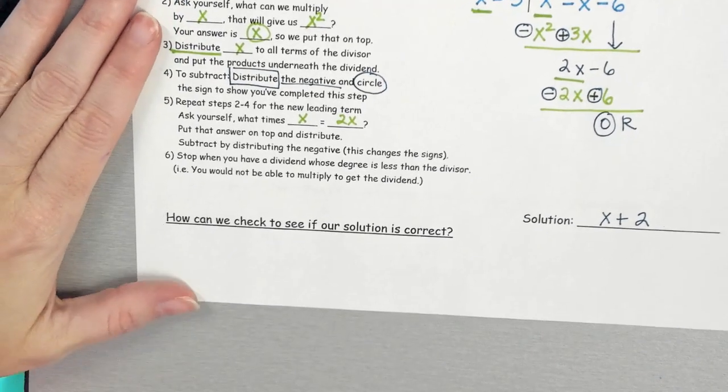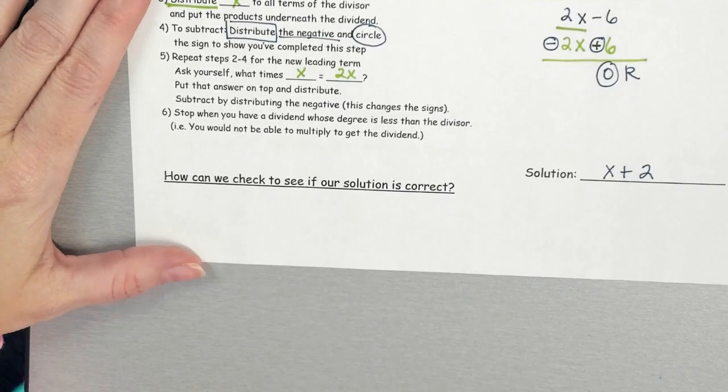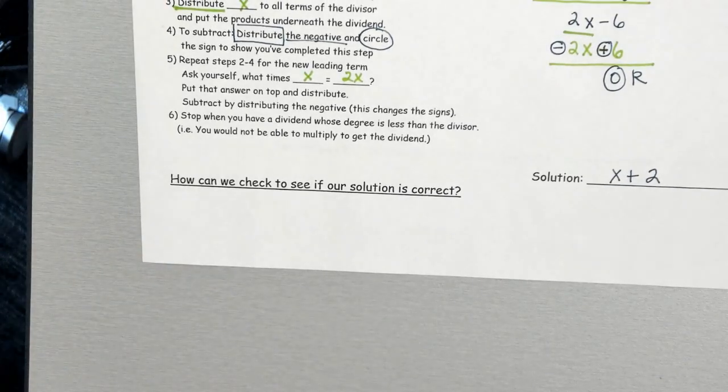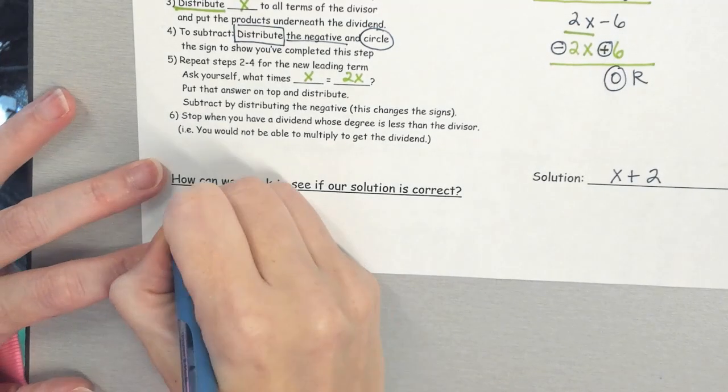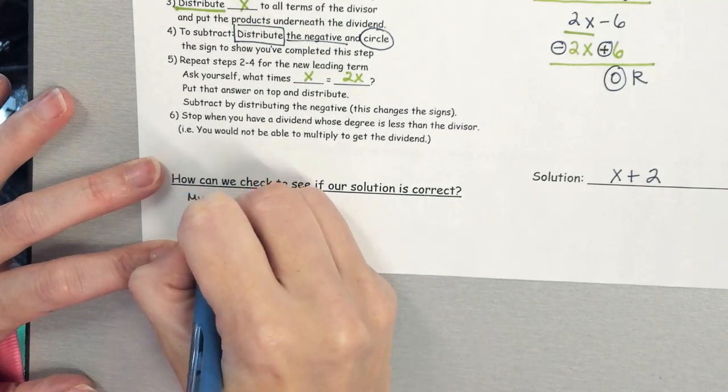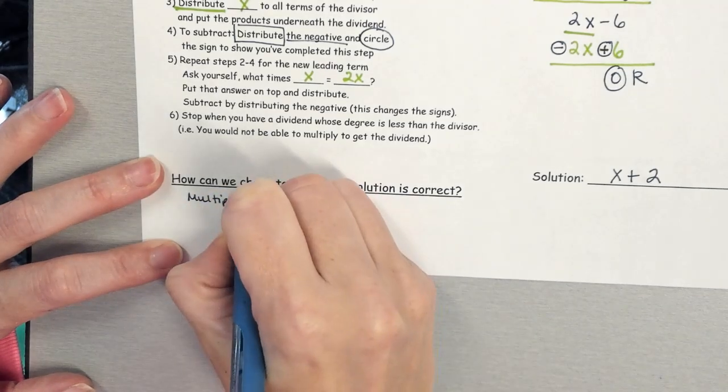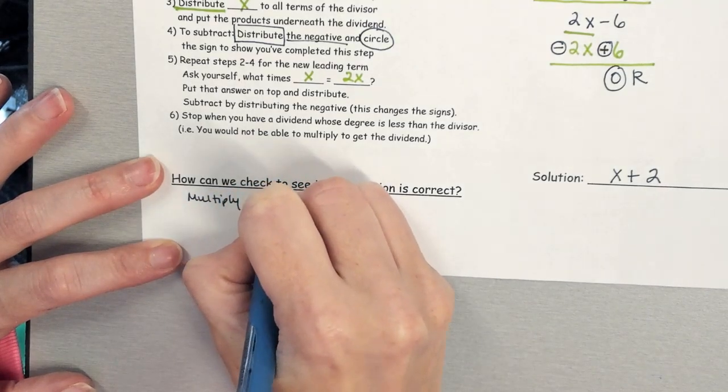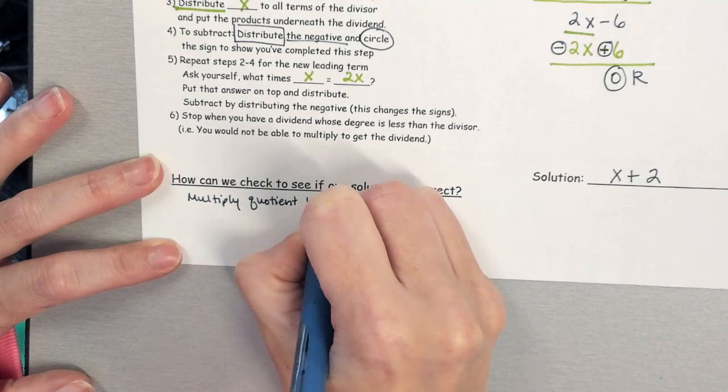Okay, so how can we check to see if our solution is correct? Do you guys have an idea? So multiply what by the divisor? Okay, so we're going to multiply your quotient, which is your solution, by your divisor.